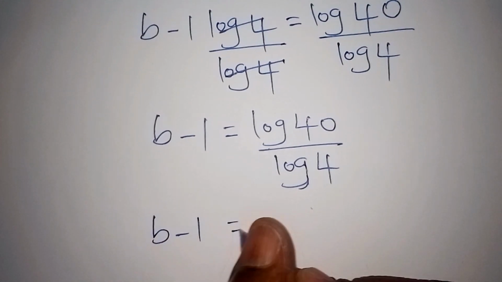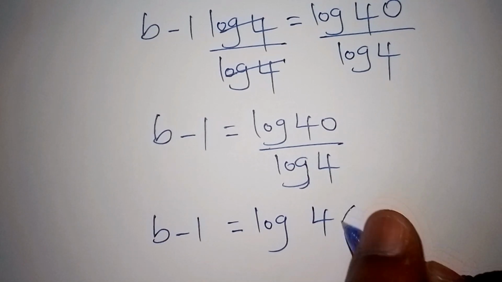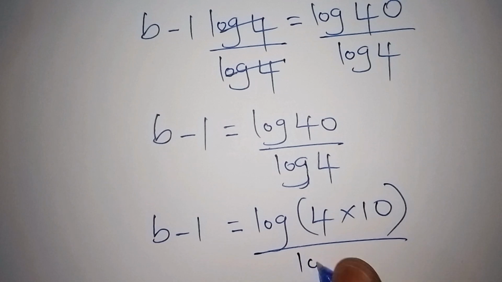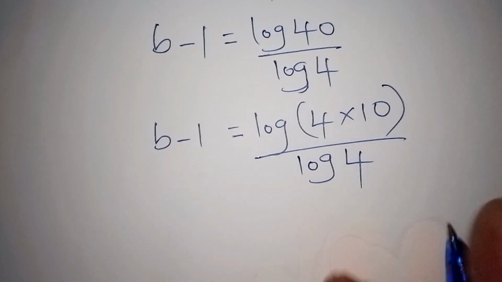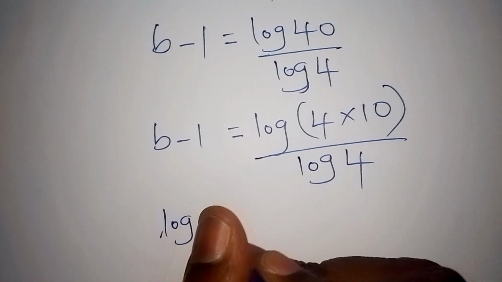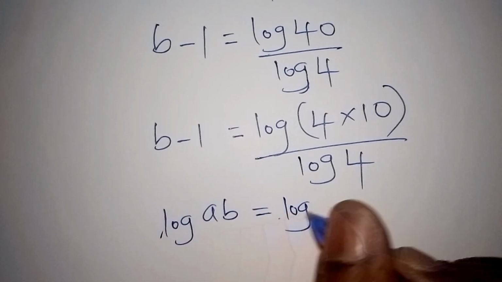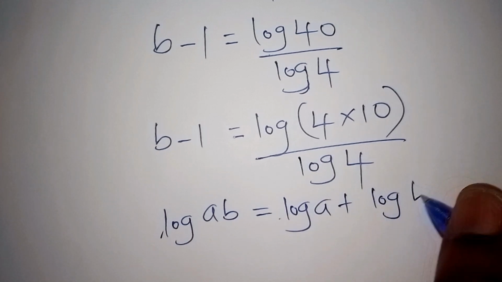b minus 1 is equal to, so the log of 40 can also be expressed as the log of 4 multiplied by 10, all over the log of 4. Suppose we have something like the log of ab, we can rewrite it as the log of a plus the log of b.